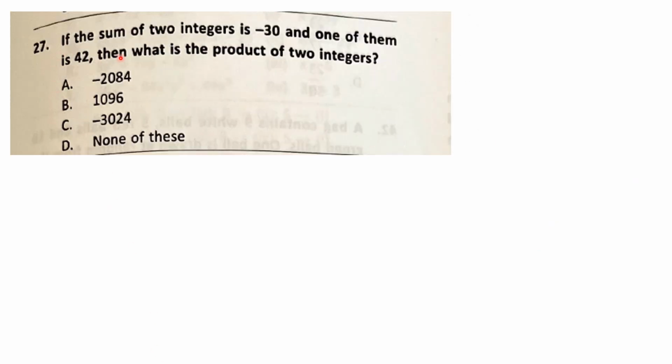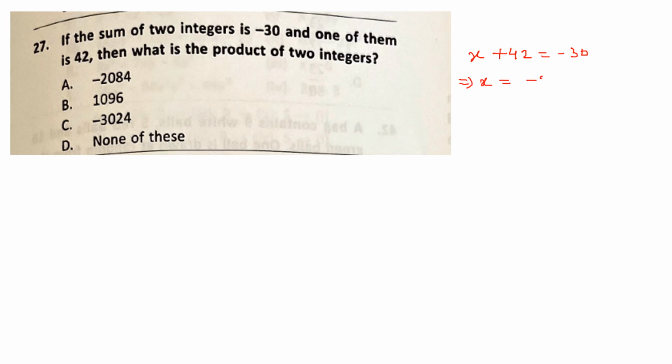Question number 27. If the sum of two integers is negative 30 and one of them is 42, then what is the product of two integers? To find the product of two integers, you should know both the integers, but only one integer is given, isn't it? So let's assume the other integer be x. So the sum of the two integers is negative 30. So I can write x plus 42 is equal to negative 30, where x is my other integer.